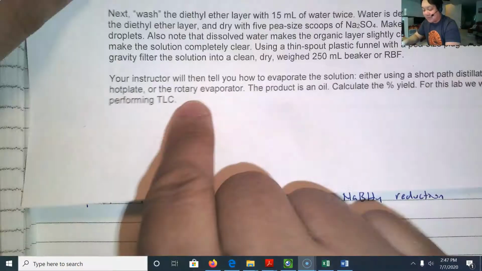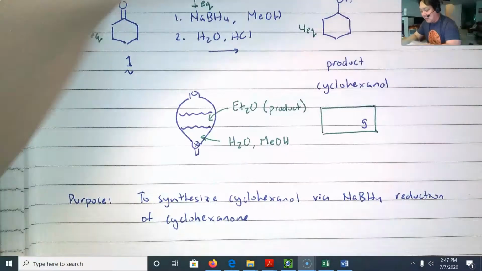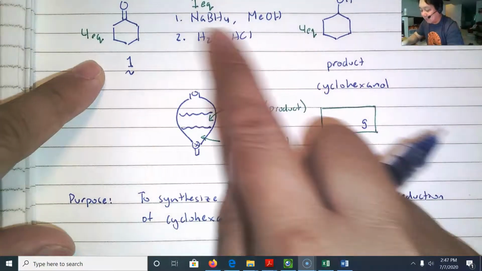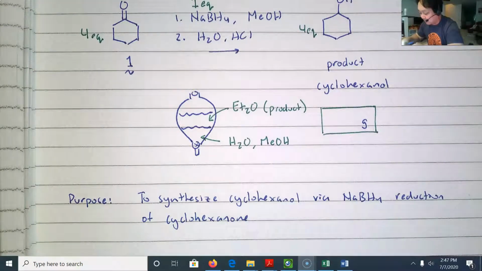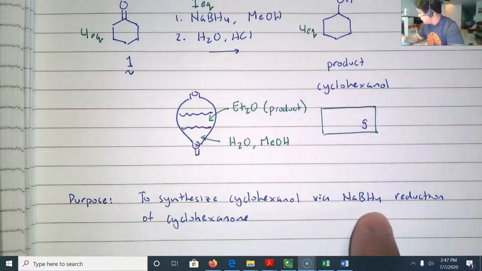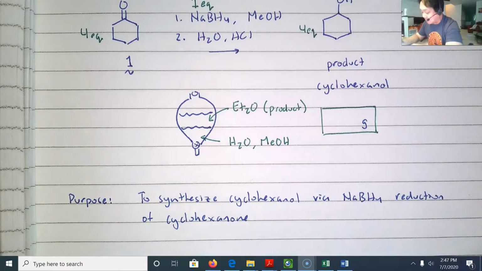So if we're not going to talk about that, I'm just going to skip that. Let me figure out a way to incorporate this stoichiometry to synthesize cyclohexanol via NaBH4 reduction of cyclohexanone.